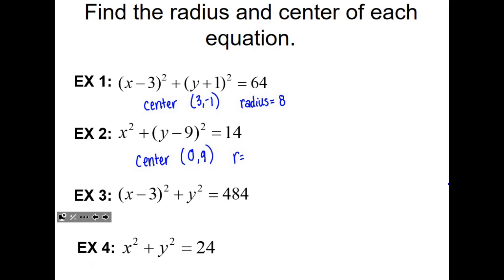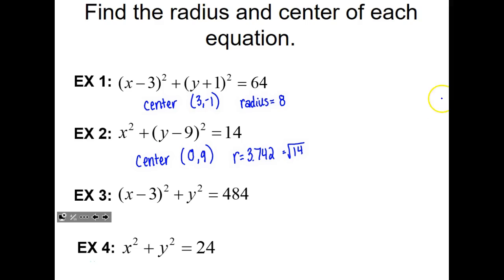And the radius is a little bit weird on this one because it's not a perfect square. So Jaden, what would we get for our radius? 3.742. Or if you want, you could just leave it as the square root of 14, depending on what the problem looks like there.